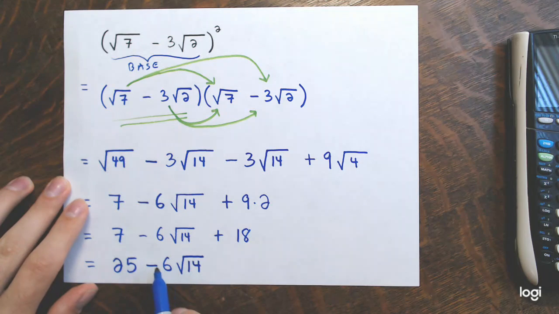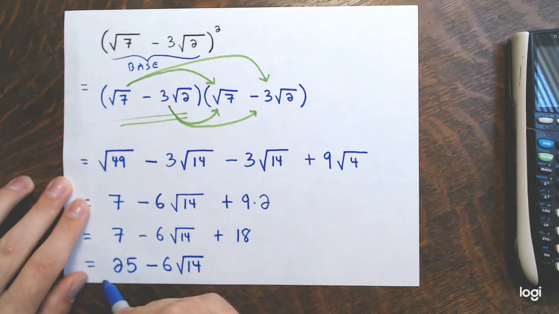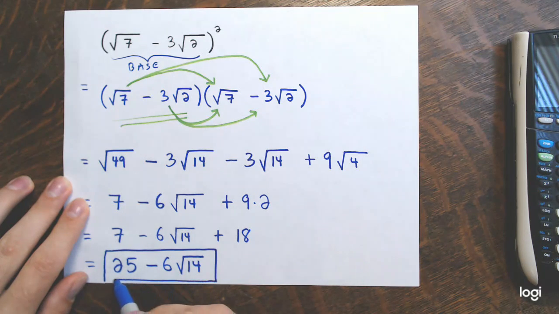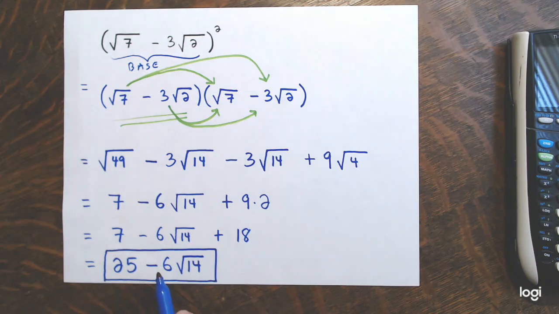Again, do not subtract 25 and 6. Remember the order of operations. The 6 and the square root of 14 would be multiplied first, and then you'd subtract, right? So this is the way it's going to stay. This has a root. This does not have a root. They don't go together. They're not like radicals. That's as simple as it gets. 25 minus 6 times the square root of 14.